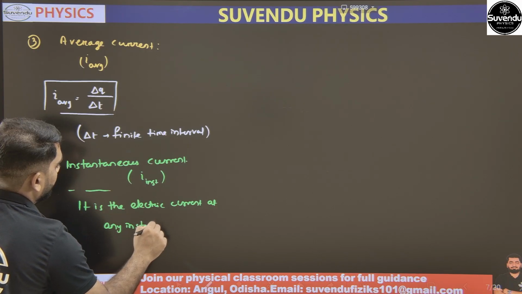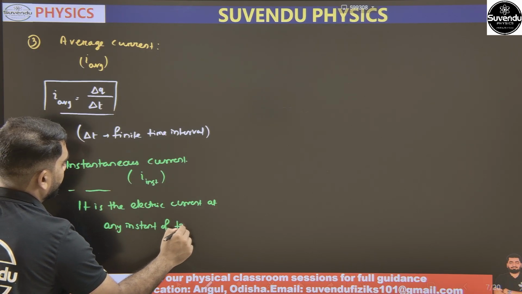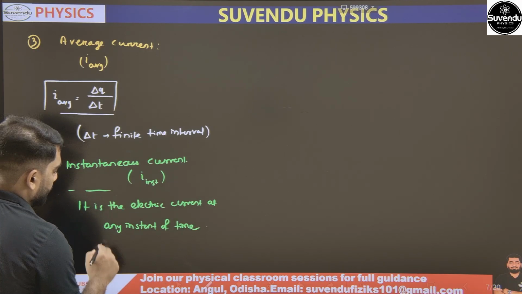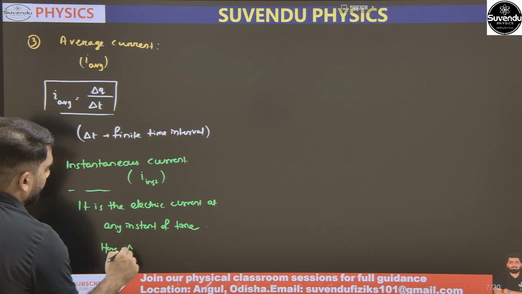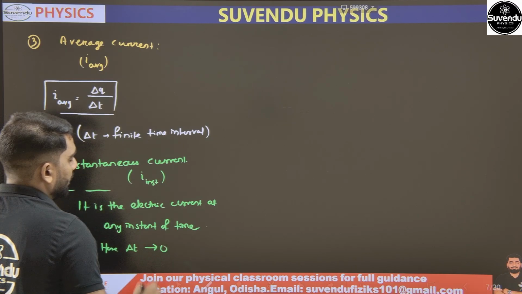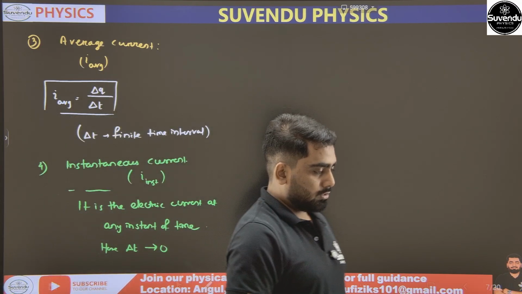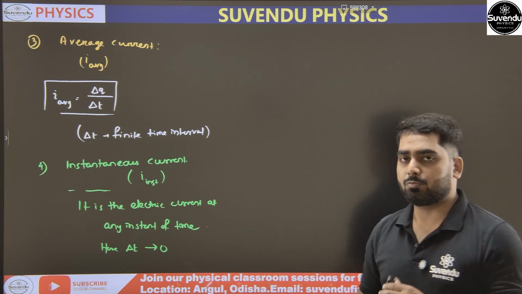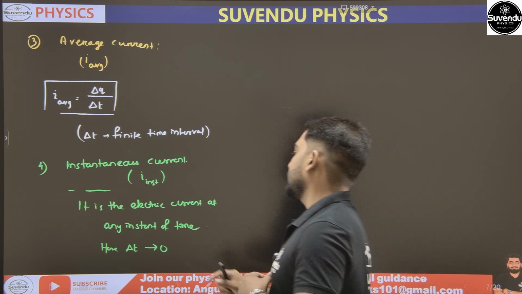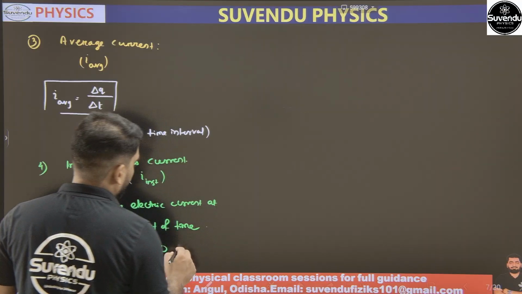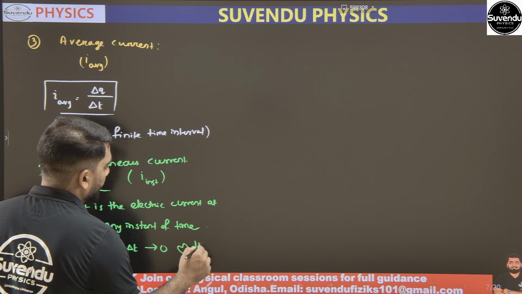At any instant of time means the time interval del t tends to 0, that is, the time interval is very small, and we can simply denote it as dt.